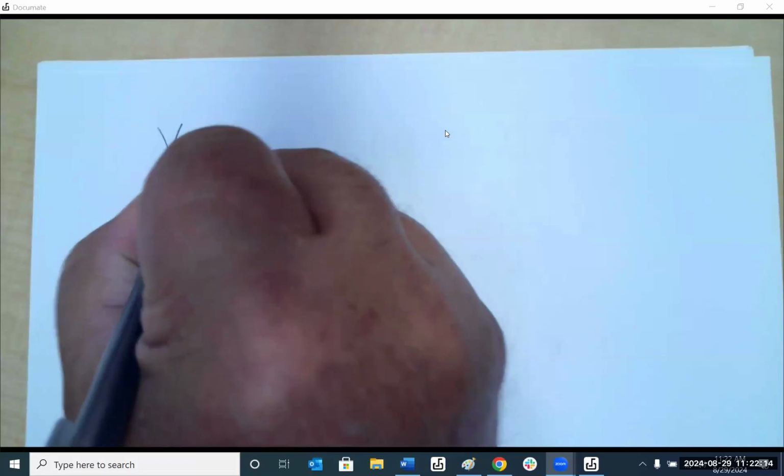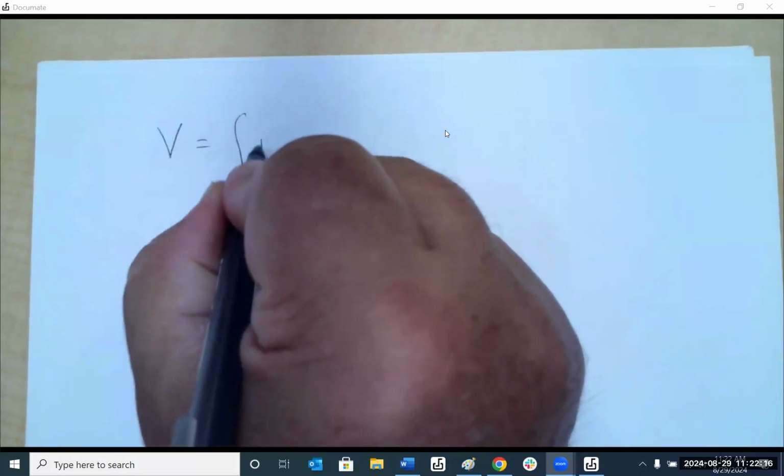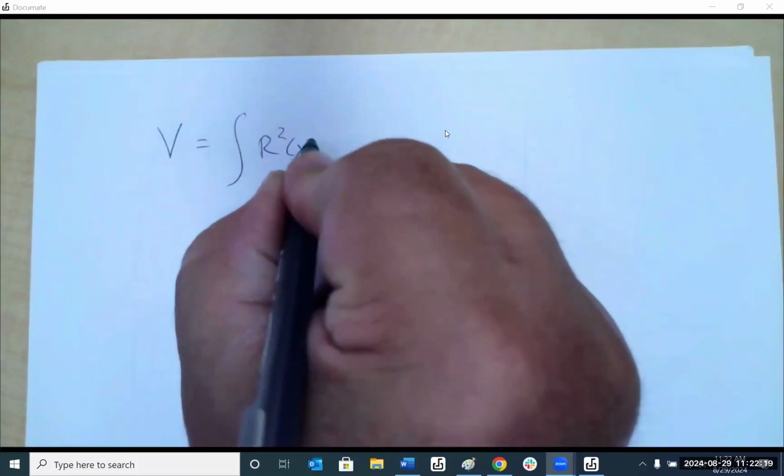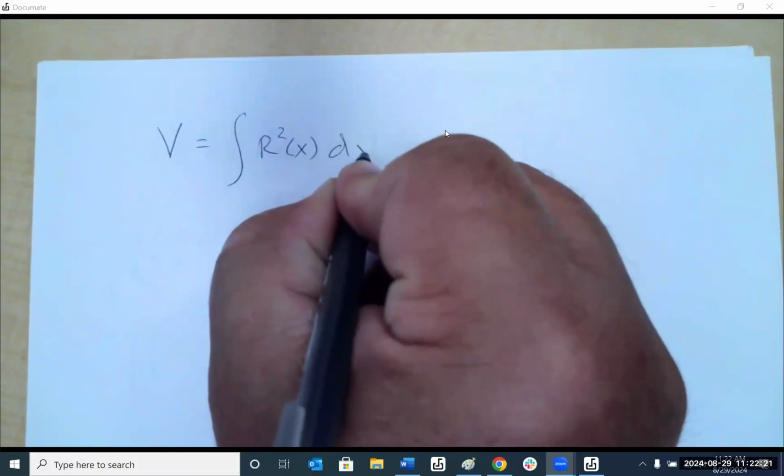Okay. Let's look at now. Up until now, we've been revolving around the x-axis or a horizontal axis. Last one we did around y equals 1. What if we do it around the vertical axis? Up until now, we've had this.